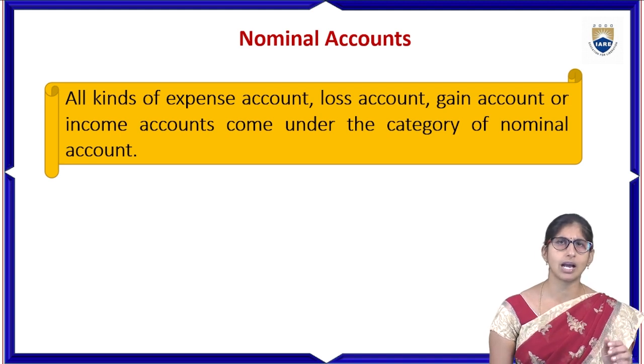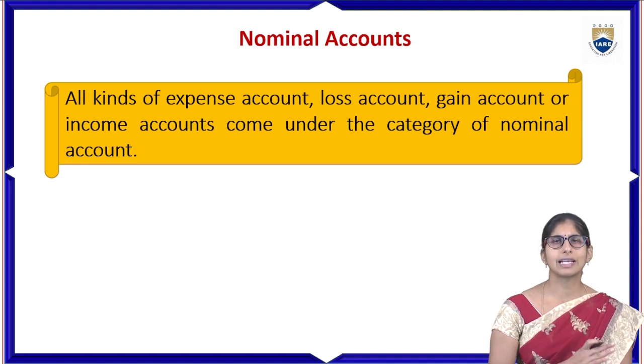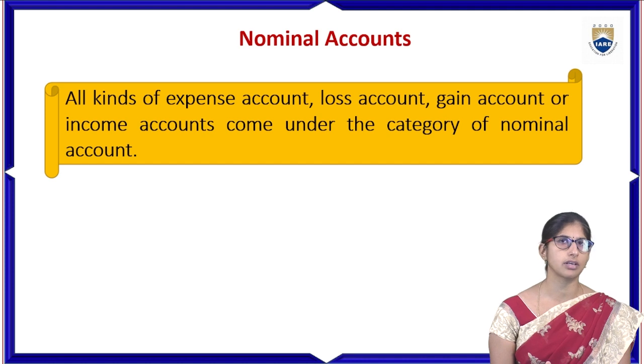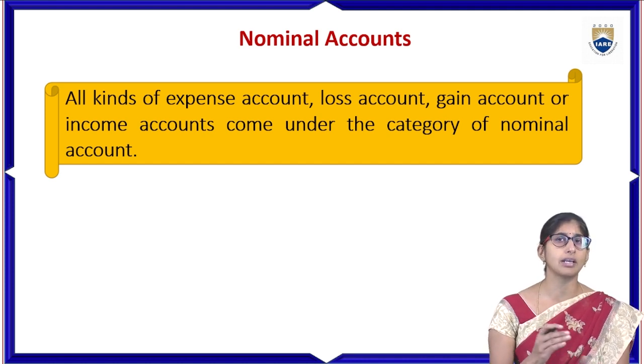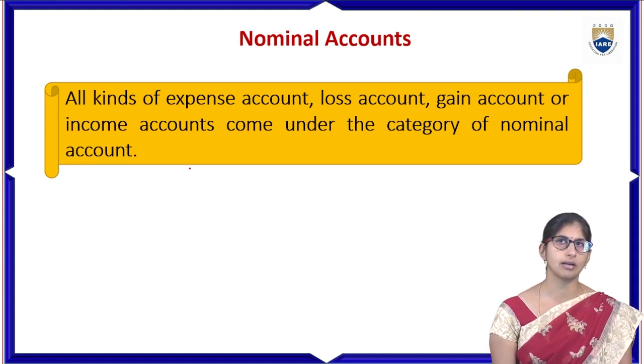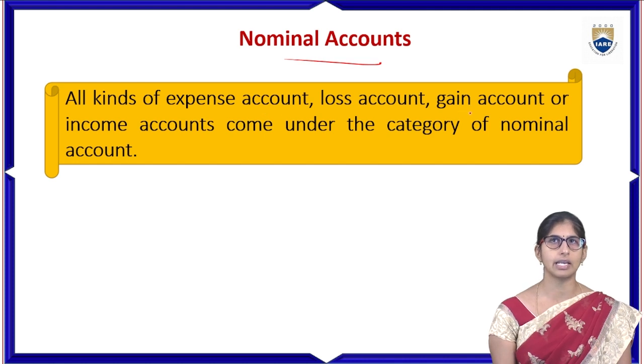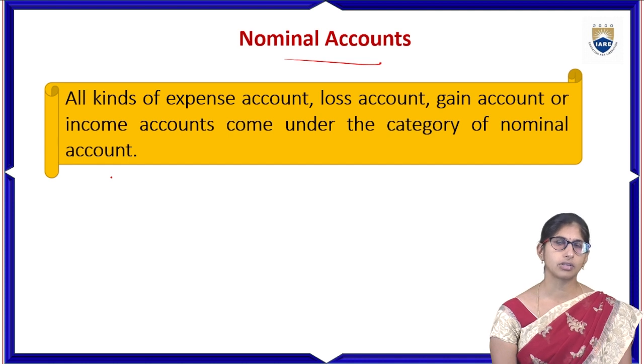These are regularly happening in the business. For the daily conduct of the business, we have certain expenses, right? So anything which happens regularly on a daily basis, expenditure or income, will fall under nominal account items. All kinds of expense account, loss account, gain account or income account will come under nominal account.